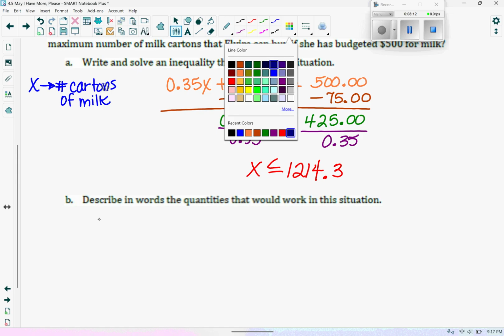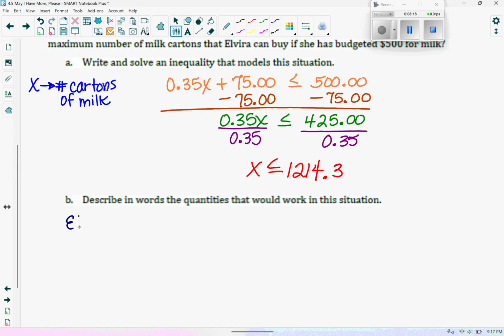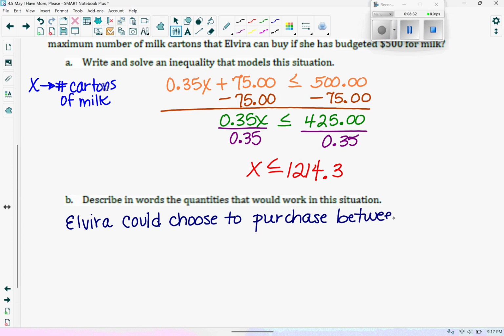So we could say Elvira could choose to purchase between 0 and 1,214 cartons of milk.